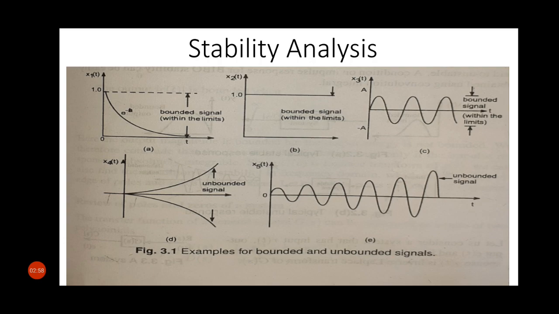Similarly, the amplitude of an exponentially increasing sinusoidal function increases to infinity as time tends to infinity, which is shown in figure E. Okay, so we call these two functions unbounded functions. So the first three are bounded functions and the last two are unbounded functions.